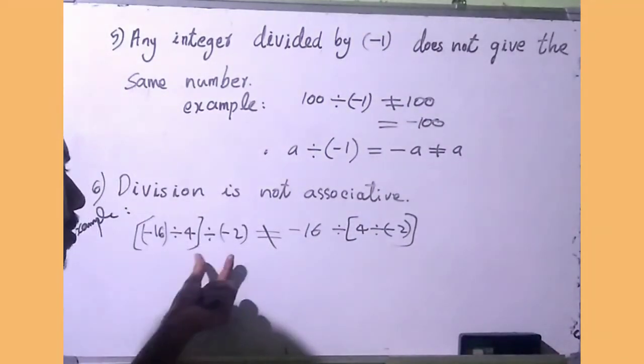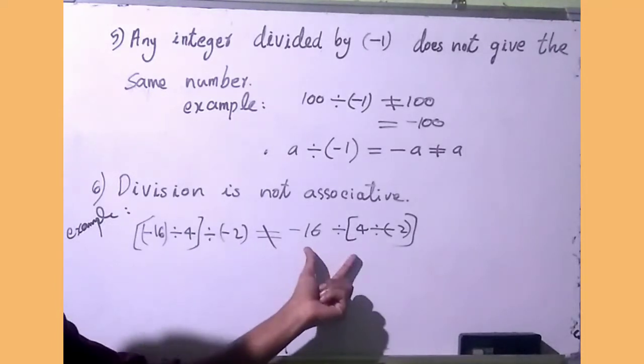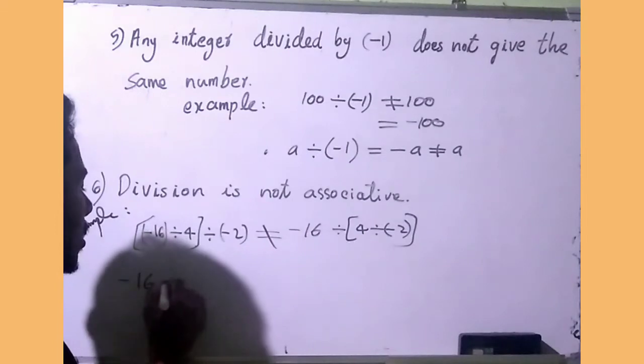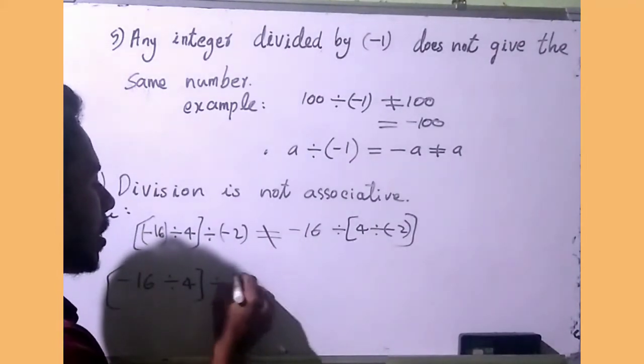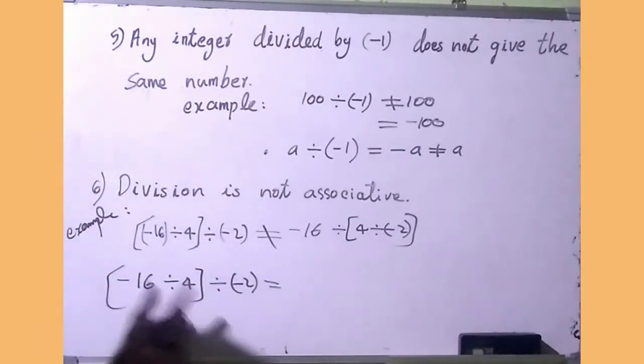We have to solve this term separately and also this term separately. So -60 divided by 4, divided by -2, is equal to what? -60 divided by 4 is equal to what? Here minus and here it is positive.